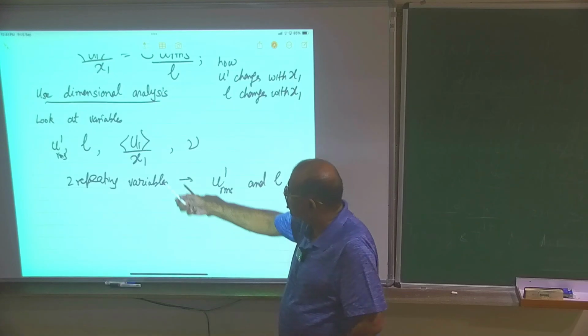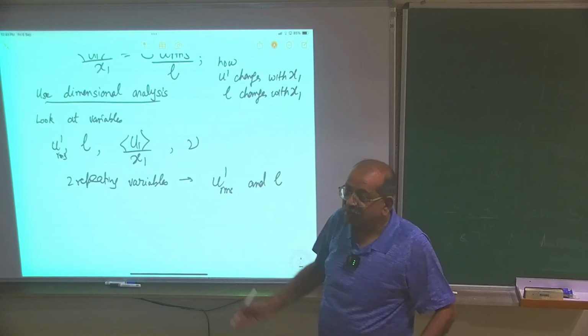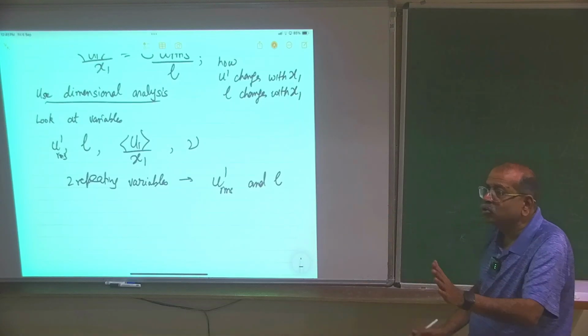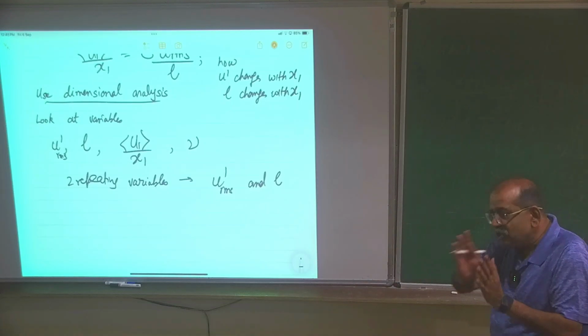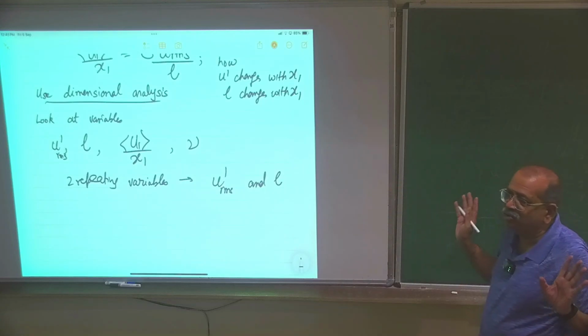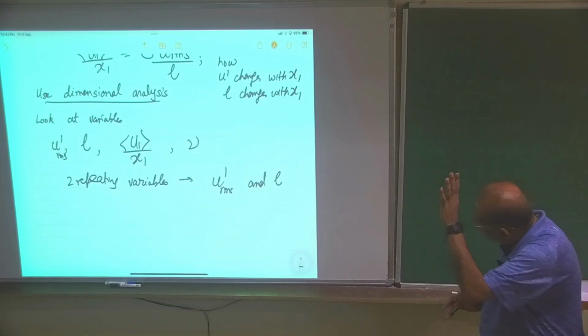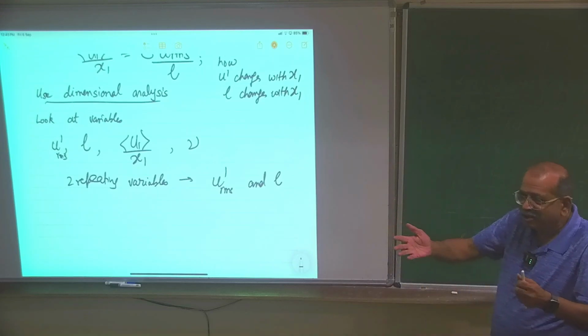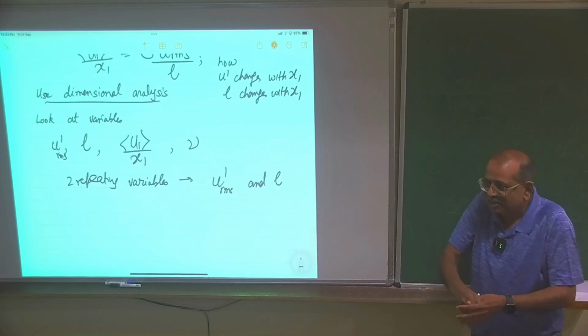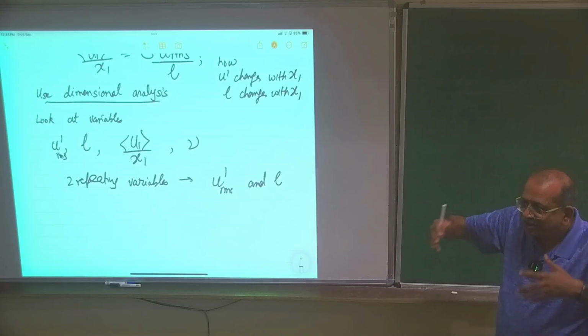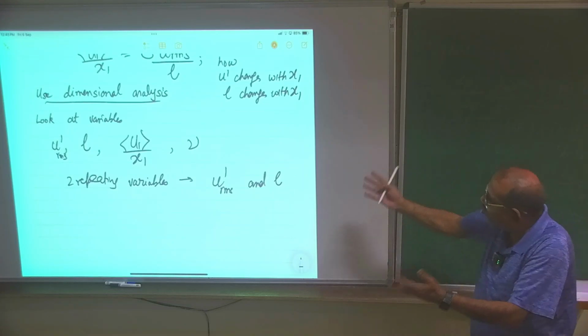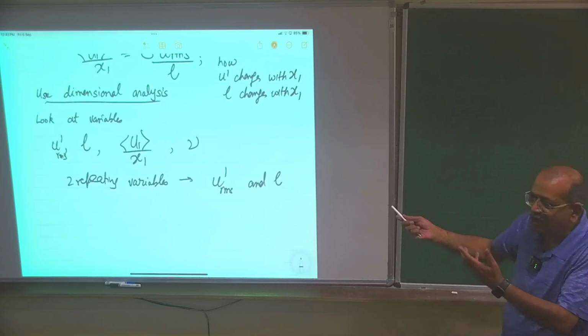It is u times L. Again, we know nothing about turbulence, any variable, and how it is changing with x. That is what we are trying to figure out. Very simple problem, but it's very illustrative. All these thoughts, all these doubts, all these thought processes come out when we try to analyze something like that.